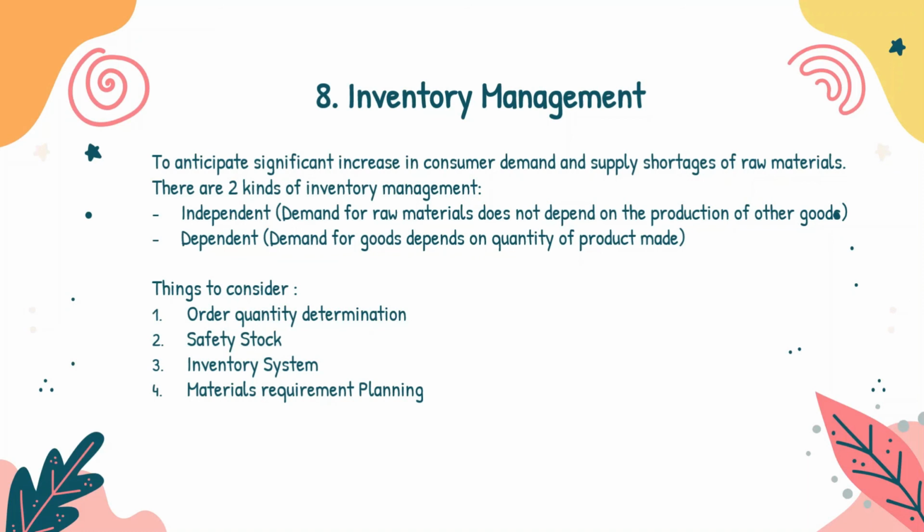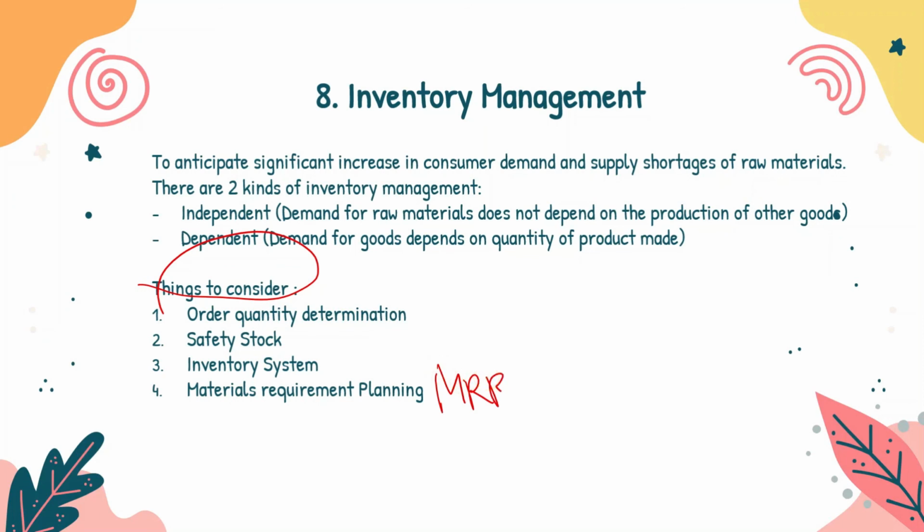In inventory management, there are things that you need to consider: order quantity determination, your safety stock, whether you choose it for 3 months, 6 months, or 1 year, and also your inventory system and material requirement planning, or MRP.